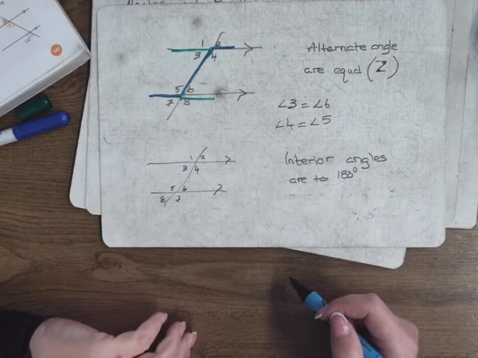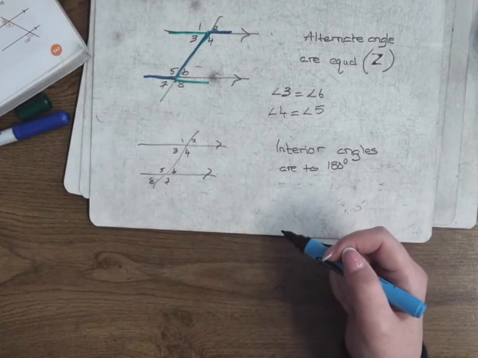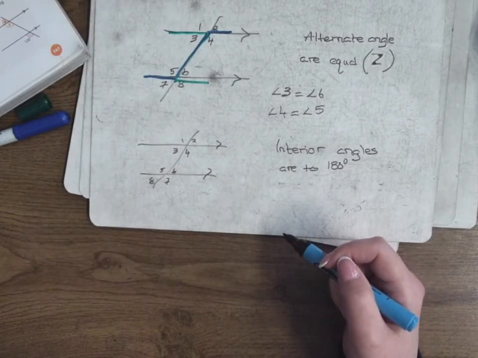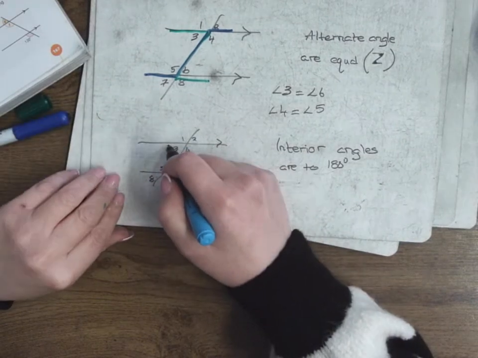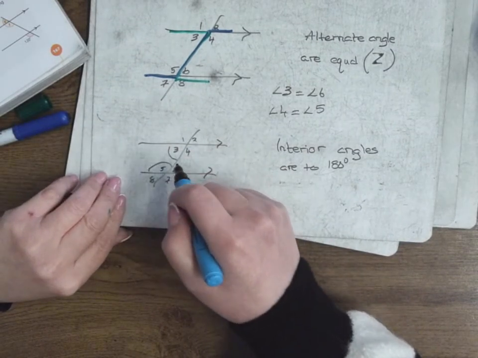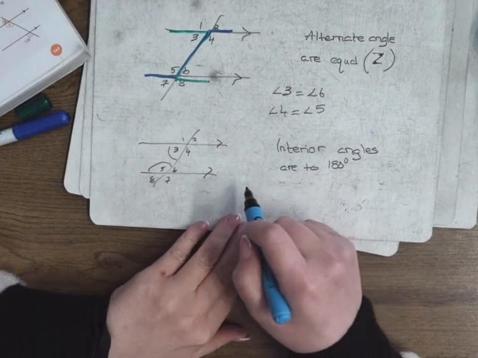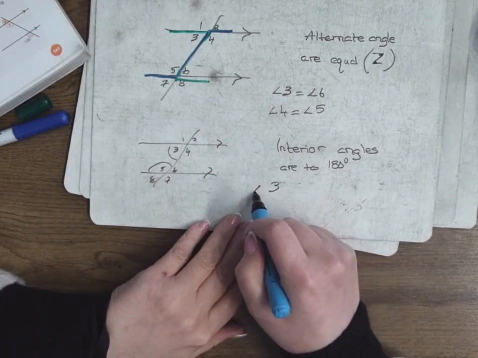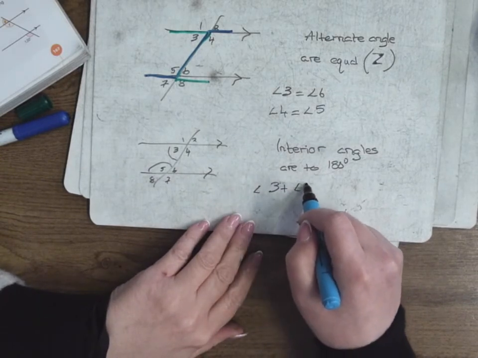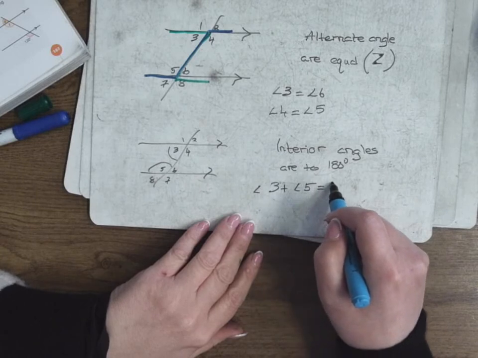There's two angles. Can anyone tell me what they are? So inside the parallel lines, 3 and 5, exactly. See 3 and 5? See them there? They're clearly not equal, but angle 3 plus angle 5 will add to 180.